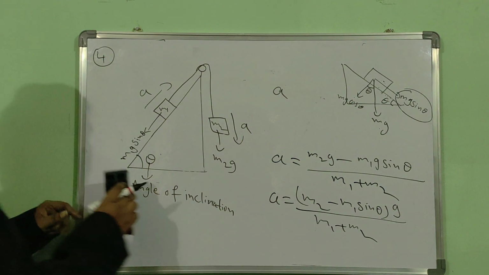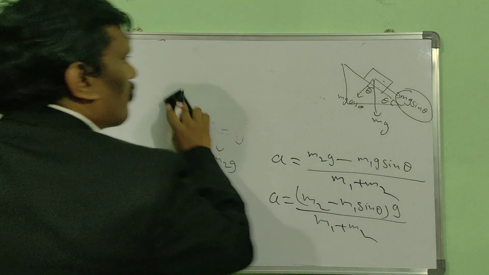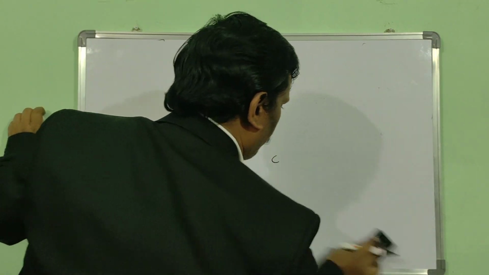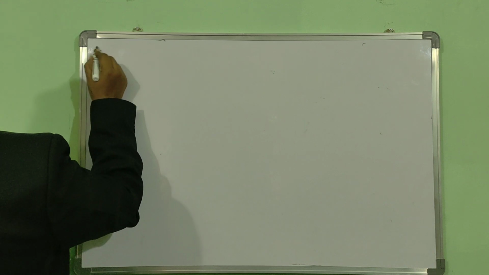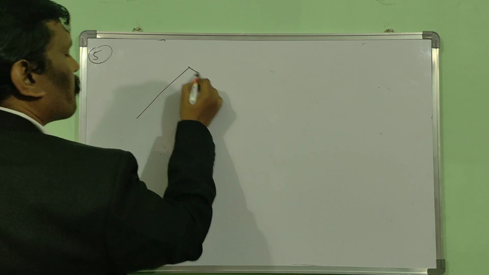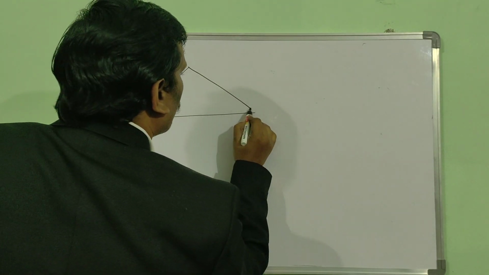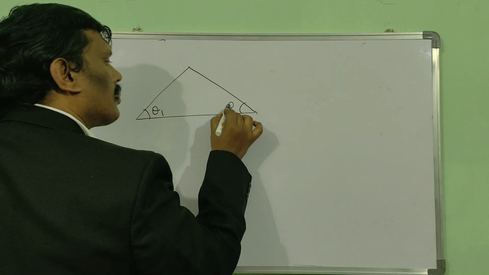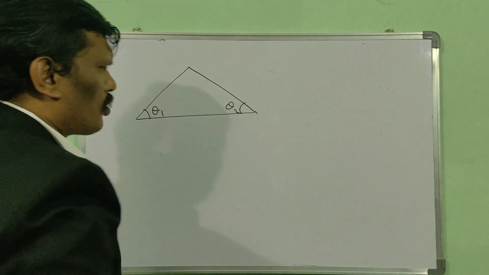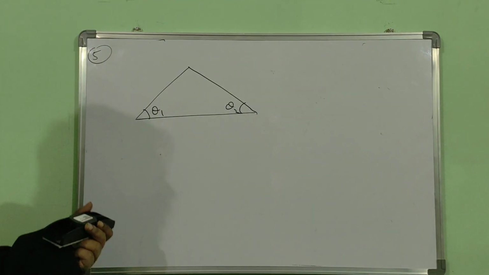Now I am going to discuss the fifth one. Suppose I consider a double inclined plane. Suppose this is theta 1, this is theta 2. Those angles of inclination may or may not be equal.